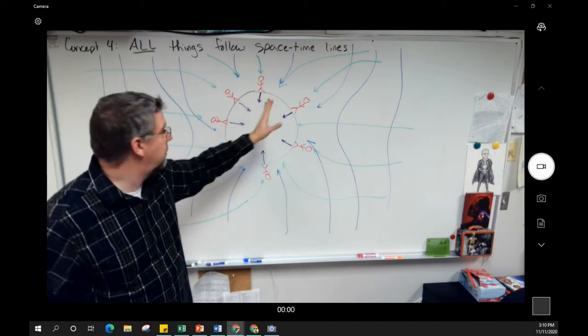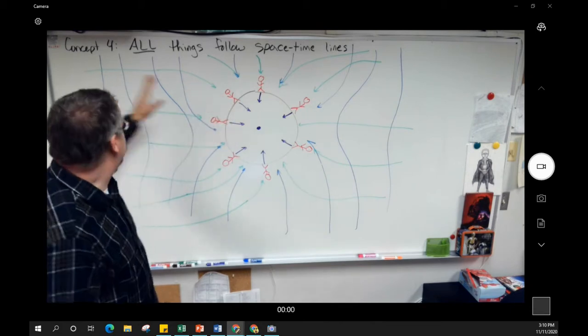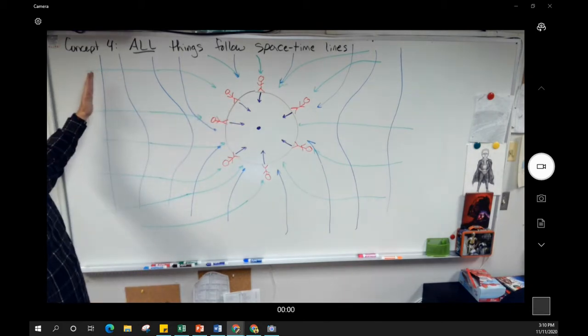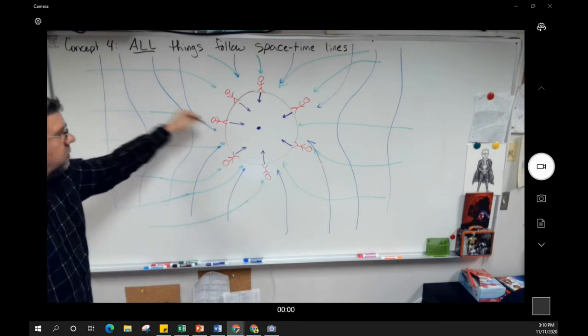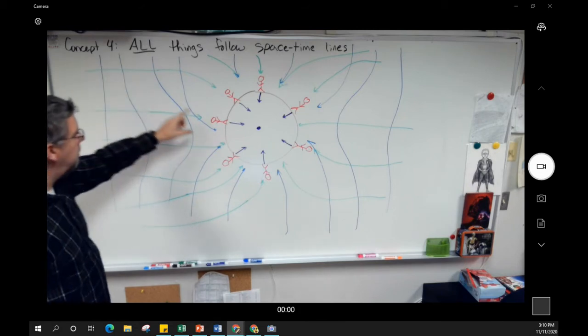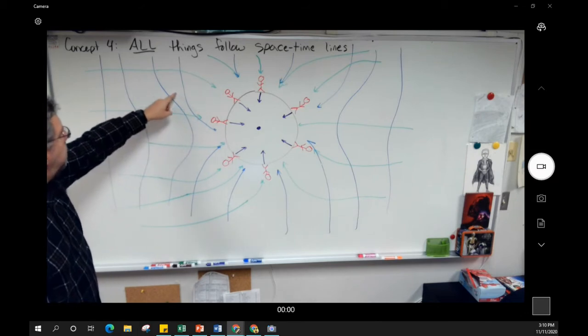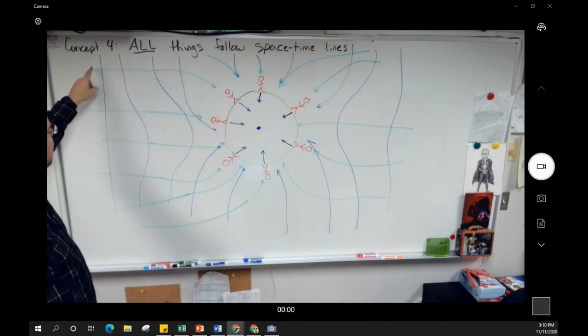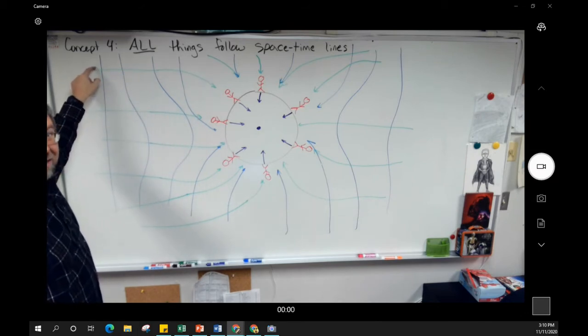Rocket ships. Now, here's a really cool thing. You can eventually get out here where there is no more flow of space-time trying to curve in. It's all nice and straight, and you can travel whichever way you want to with very little effort. The problem is you have to climb your way up against these curves to get all the way out here, and that takes a lot of energy.